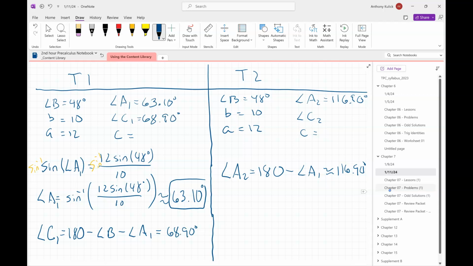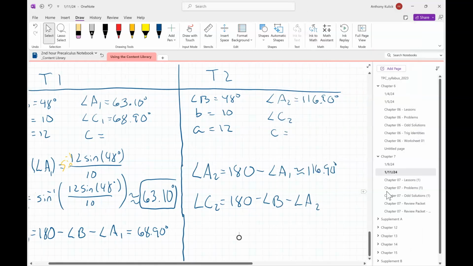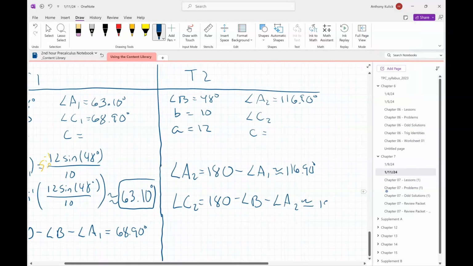I can do the same thing in triangle 2, but I have to use angle A2 instead of A1, right? Is everybody okay there? And then angle A2 is the 116. So 15.10 or thereabouts.